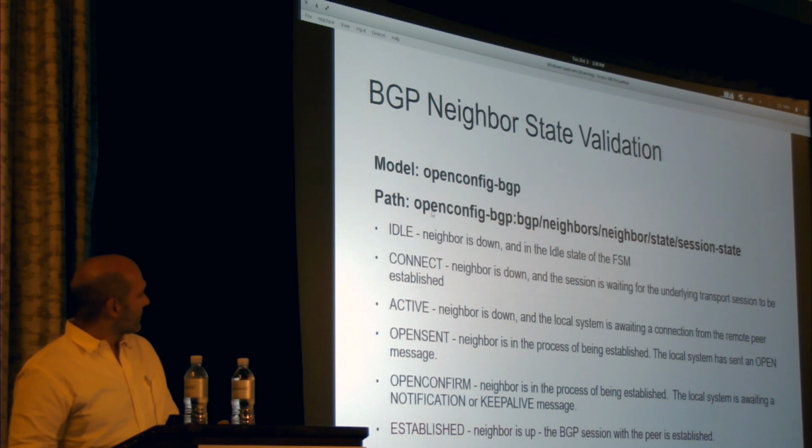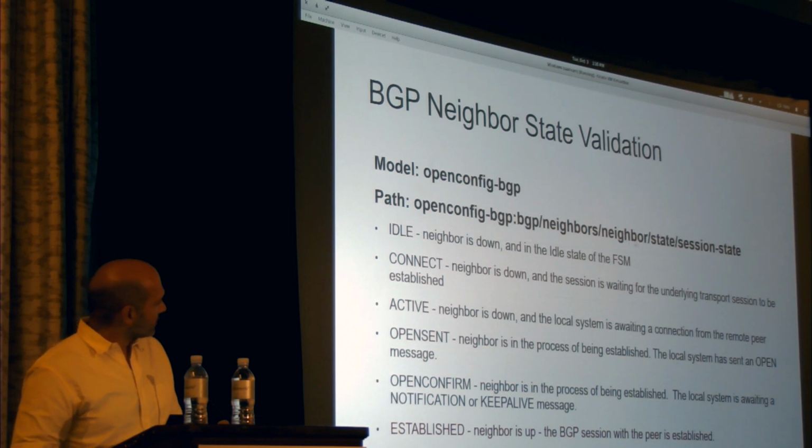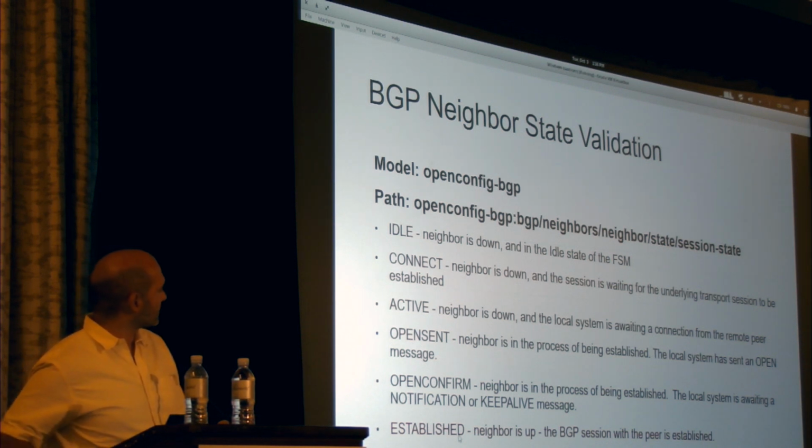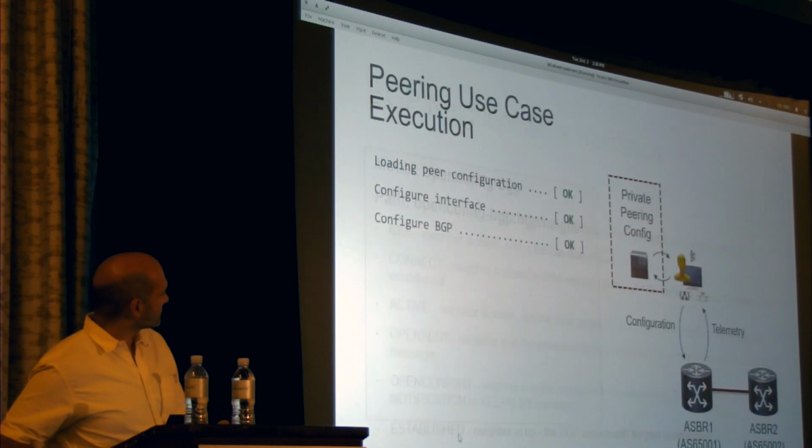So I'm going to go under OpenConfig BGP, BGP neighbors, neighbor, state, session state. And I'm going to look for that field being established. That will tell me that my BGP session to that neighbor has been established, and I'm hopefully passing advertisements at that point.